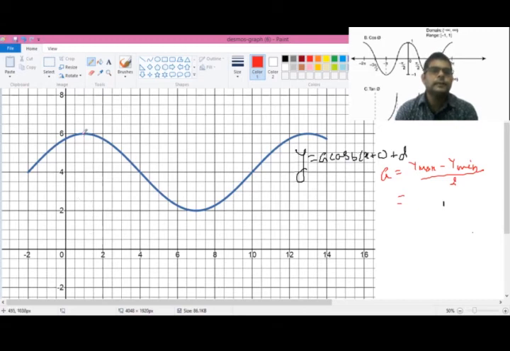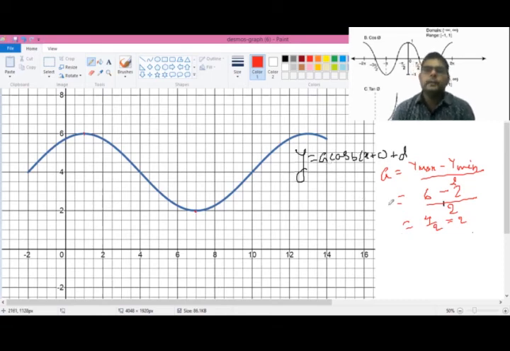From here to here this is 6, and the y minimum value is here, y minimum is 2. So it is 6 minus 2, which is 4, divided by 2 is 2. So we have the value of a.